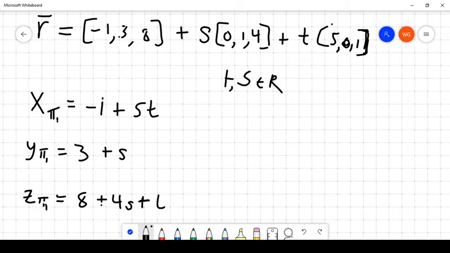All right, and once again, s and t are elements of the real numbers. And these are the three parametric equations that represent the plane.